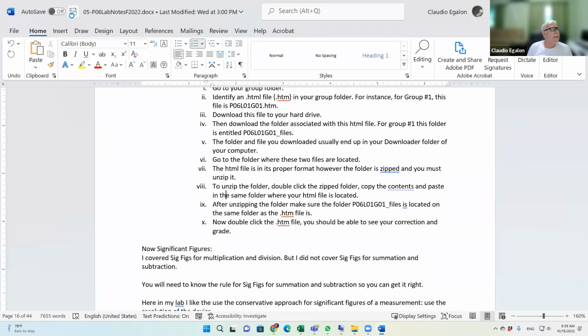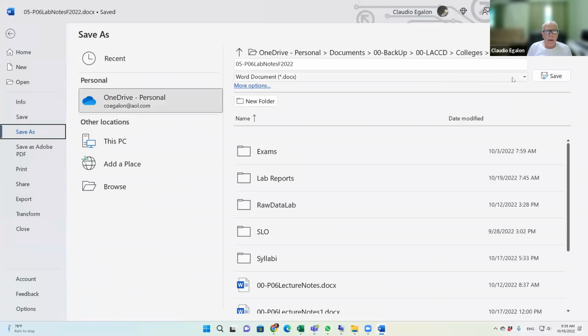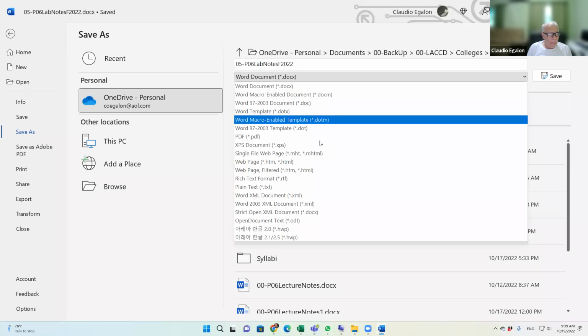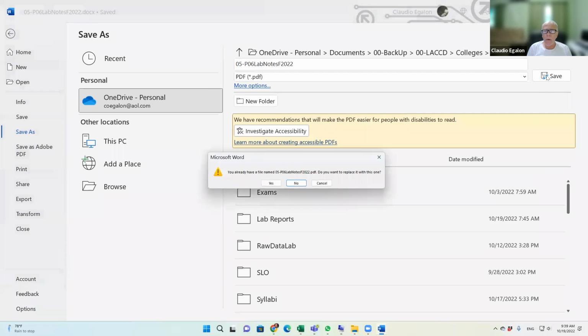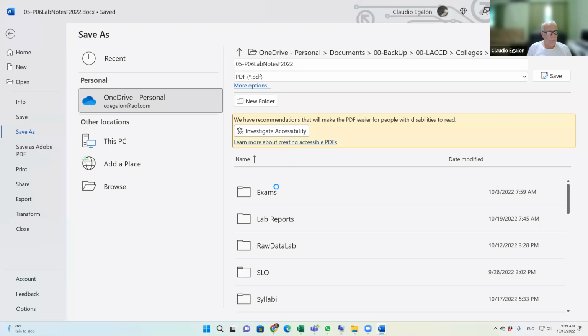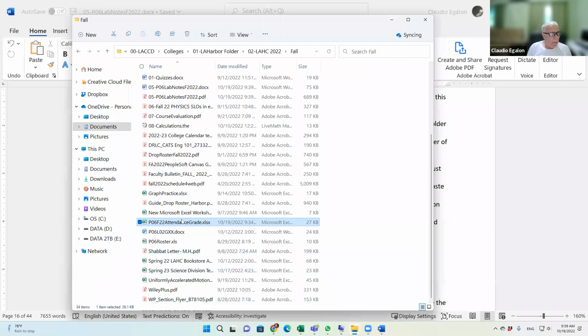After unzipping, now double click the HTML file, you should be able to see your correction. Okay, so let me upload it. PDF. Now, spreadsheet for lab notes. This one here, 19.